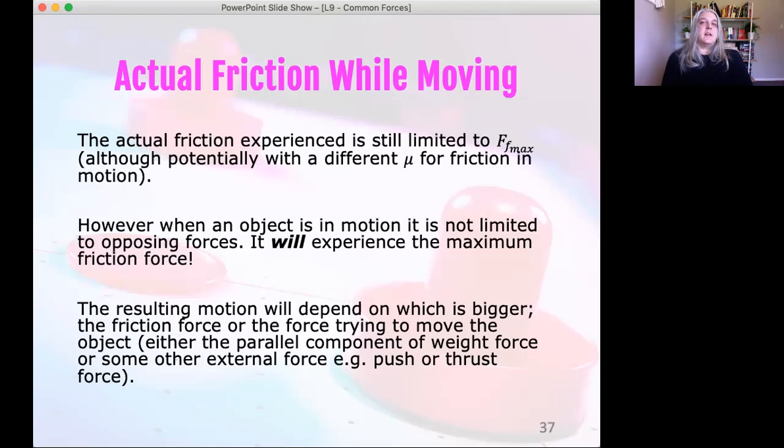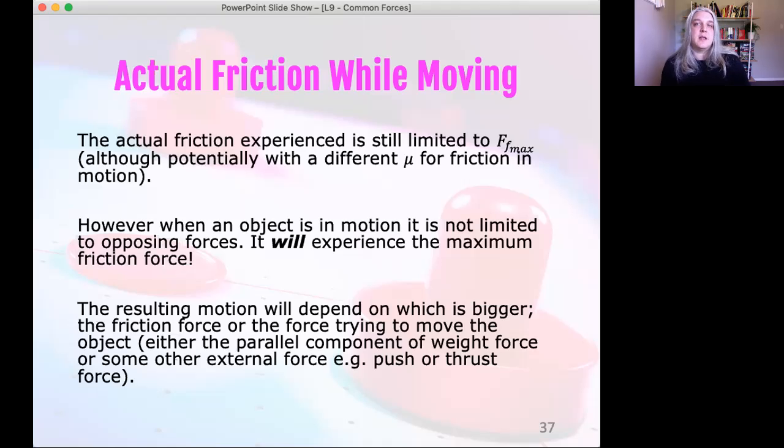This means that you can actually have a friction force with no opposing force. As before with the box on a slope, we saw a force down the slope, a parallel component of the weight force, and the friction force opposed that. If you didn't have that sideways component of the force, you wouldn't have the friction force, because the force from friction was just opposing the force that was trying to make the object move. But if the object is already moving, it doesn't need a force to keep it moving. That's Newton's first law.